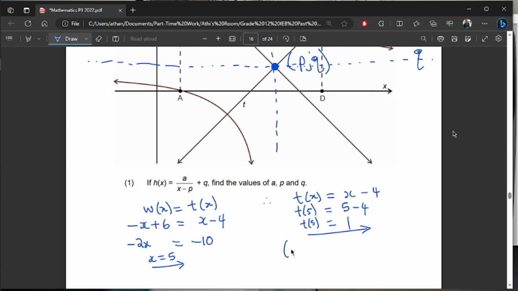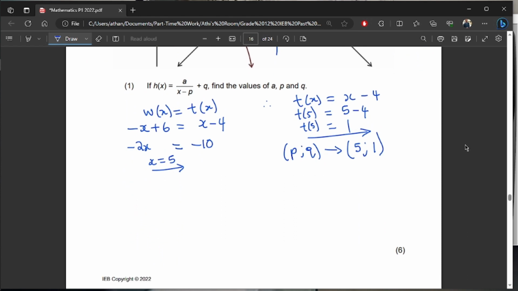So I get the coordinates (p, q), where p is the value of x, which we found to be 5, and q is the value of y, which we found to be 1. In other words, p is equal to 5 and q is equal to 1.